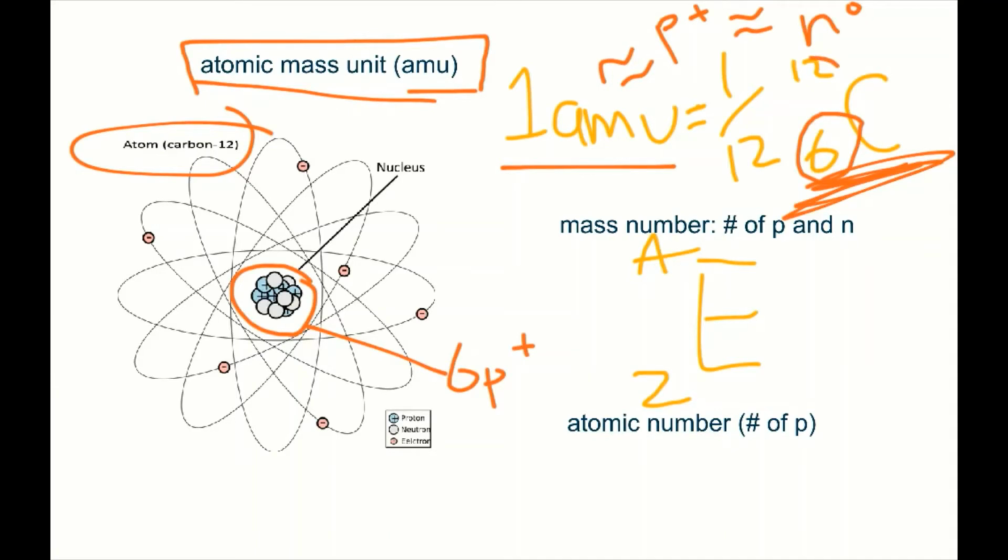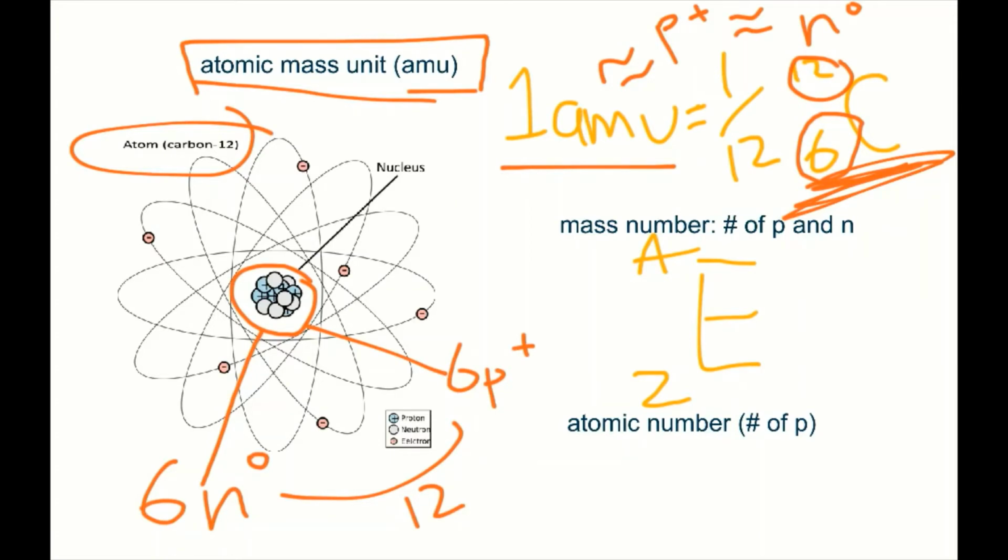Now, what does the 12 mean? Well, the 12 just tells us how many neutrons and protons are in the nucleus. So in the image, we can see 6 gray spheres, which represent neutrons, and 6 plus 6 is 12 neutrons and protons in total. So that's why the 12 is there. So these have proper names.